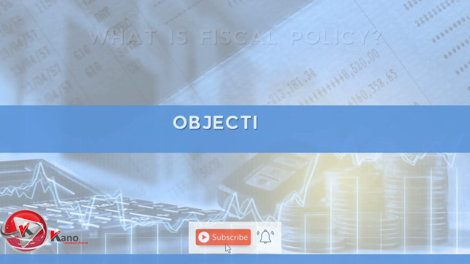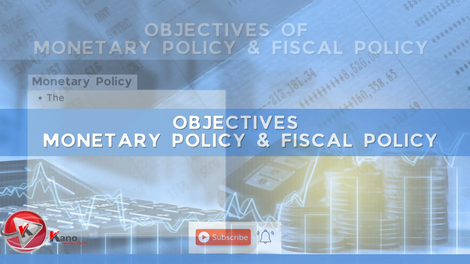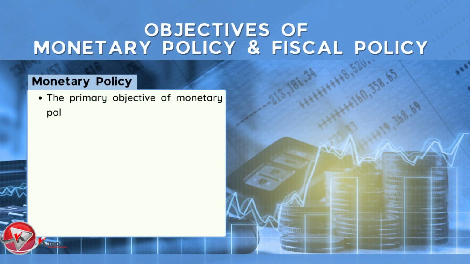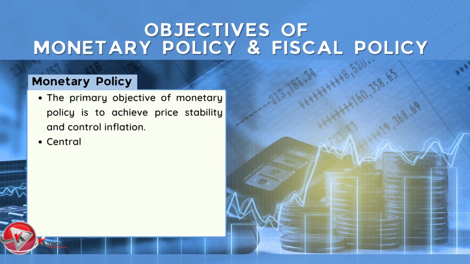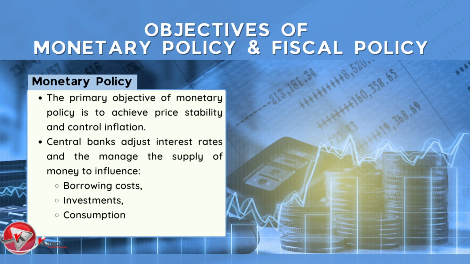We will now discuss the objectives of each of these policies. The primary objective of a monetary policy is to achieve price stability and control inflation. Central banks adjust interest rates and manage the supply of money to influence borrowing costs, investments, consumption, and the overall economic growth.